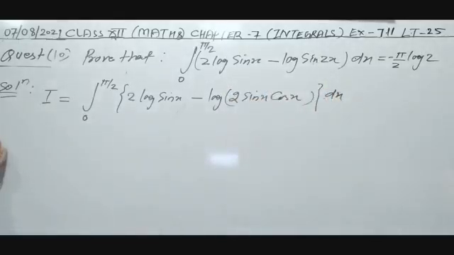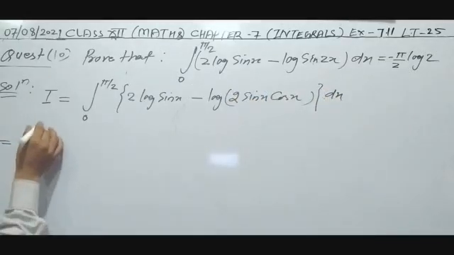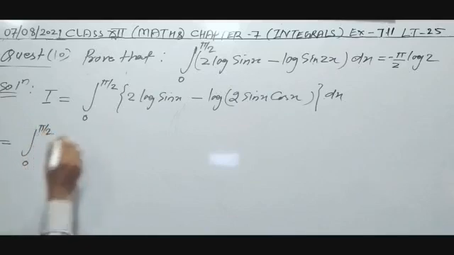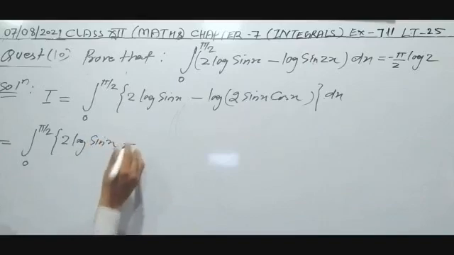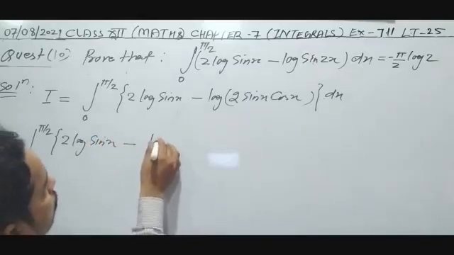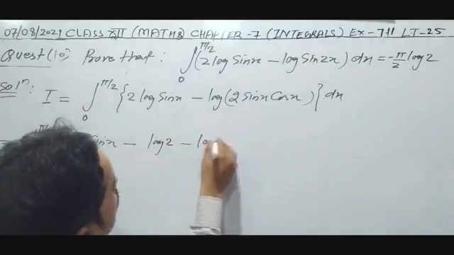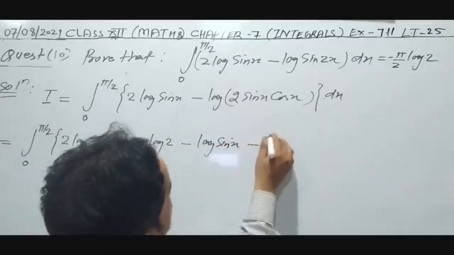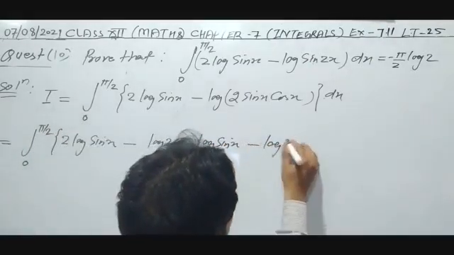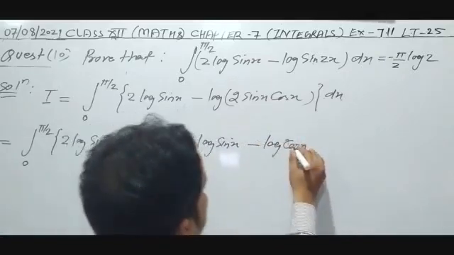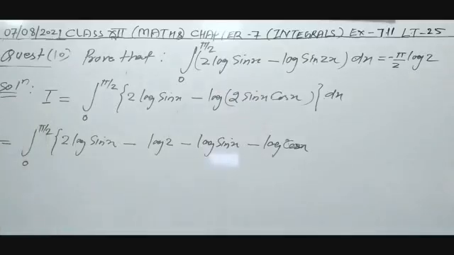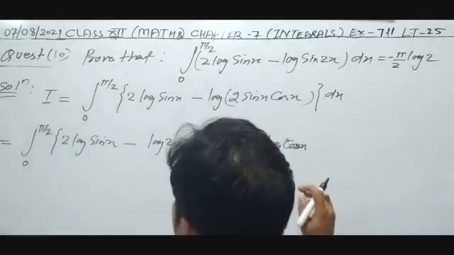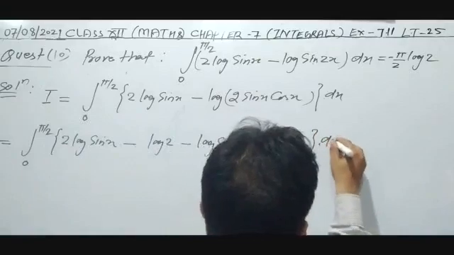And now you can write I is equal to integration over 0 to pi by 2, this is 2 times log of sin x minus log of 2 minus log of sin x minus log of cos x, by using the properties of logarithm, log of m times n times p is equal to log m plus log n plus log p, curly bracket closed, dx.